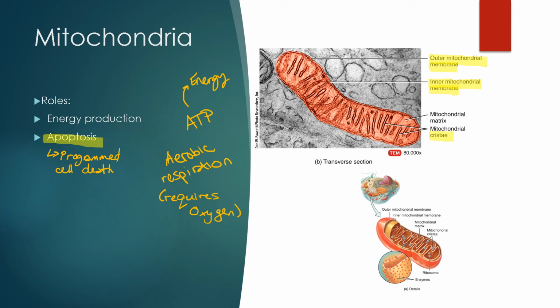Could be destructive free radicals, damage to DNA within the cell, could be a lack of oxygen and nutrients, and all these reasons would result in certain chemicals being released from the mitochondria, and this creates a pore in the outer mitochondrial membrane.